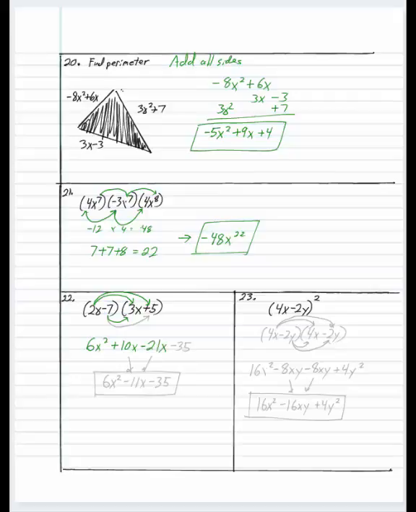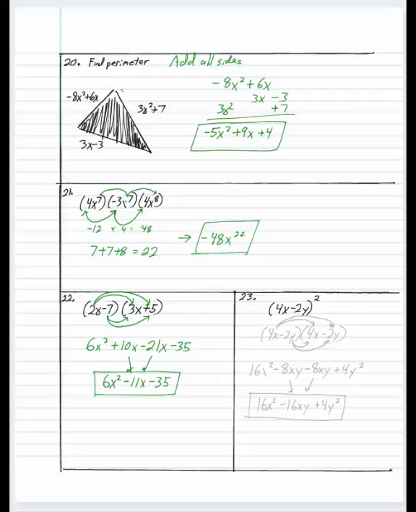Then 23. Our question is 4x minus 2y, squared. The square just means FOIL with itself. And let's FOIL. 4x times 4x is 16x squared. 4x times negative 2y is negative 8xy.